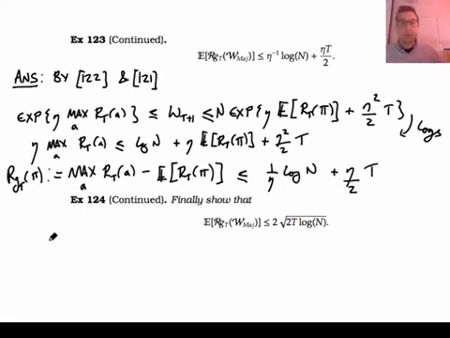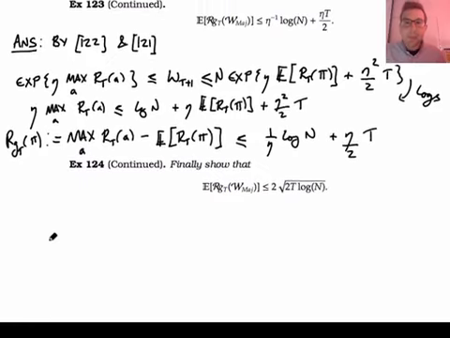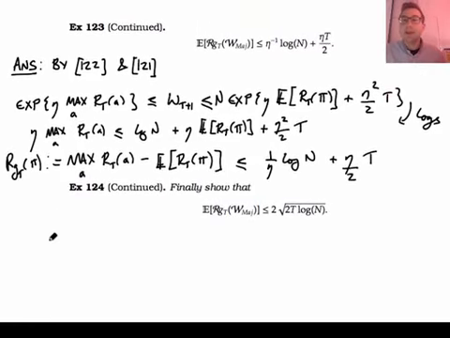So next, let's do the last bit, which just says that I can choose a parameter eta such that I achieve this bound. The answer to that's not too difficult. I just look at my upper bound and minimize it over eta.